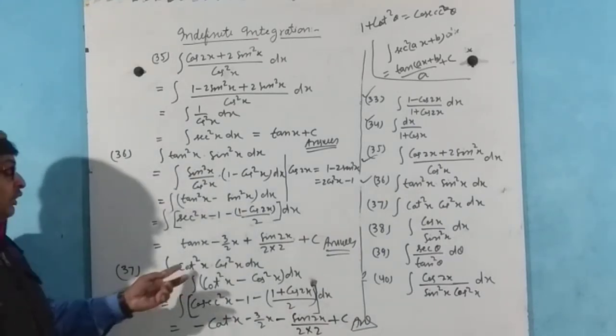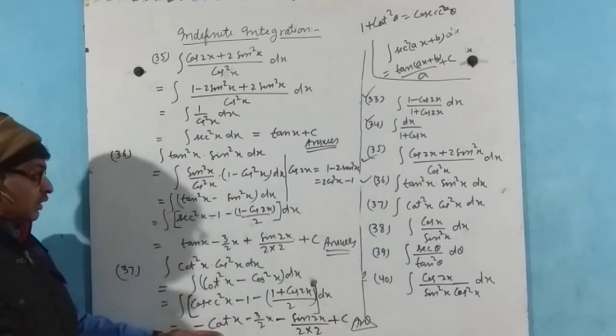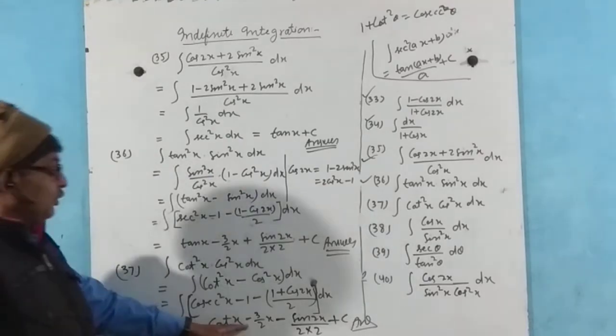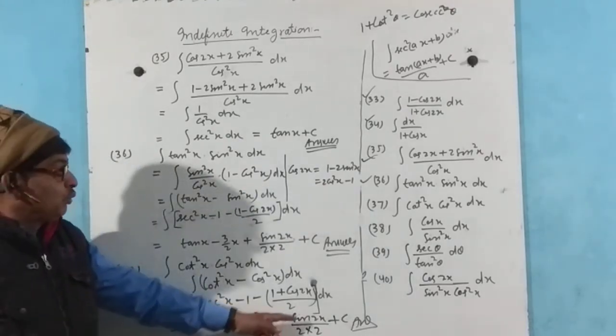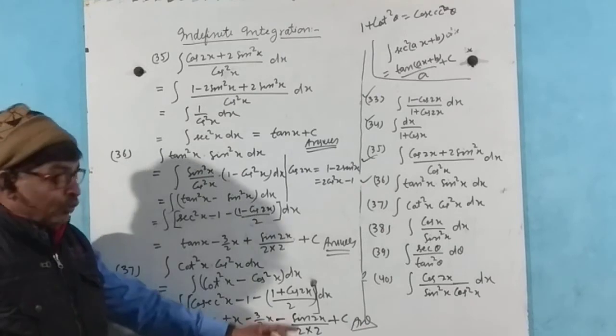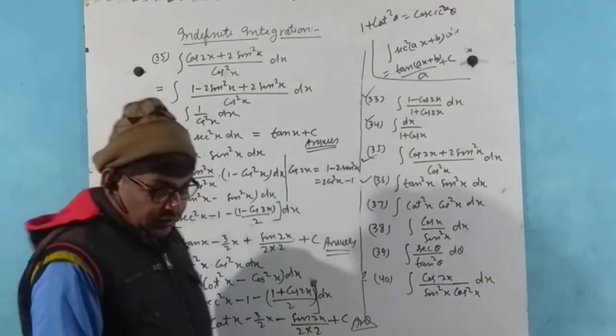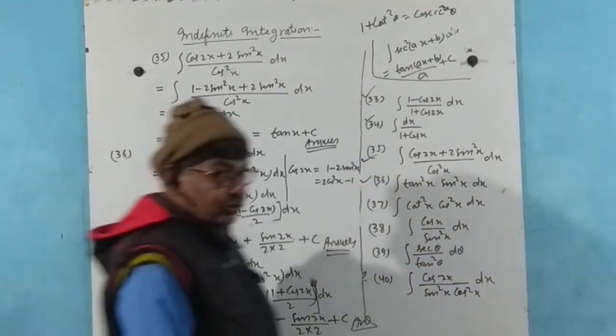Now the integration of this is equal to minus cot x minus 3 by 2 x minus sin 2x divided by 4 plus C. Now this is our answer.